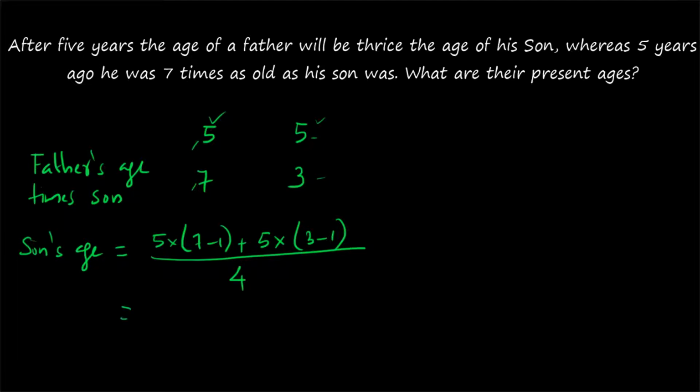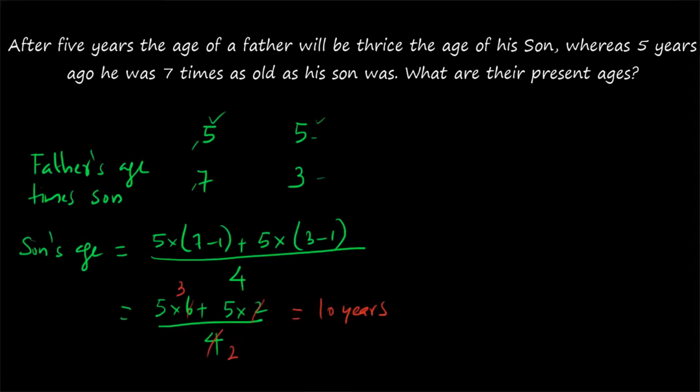So 5 into 6 plus 5 into 2 divided by 4. If you divide by 2 everywhere, you will get 3 here. So 5 into 3 is 15, 15 plus 5 is 20, 20 divided by 2 is equal to 10 years. So the son's present age is equal to 10 years.